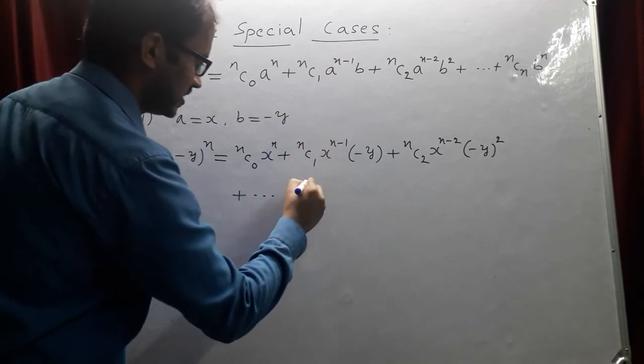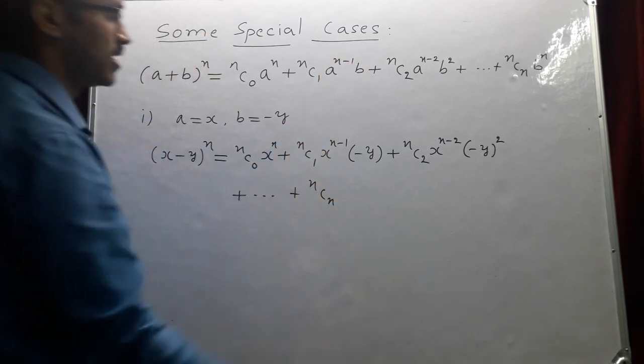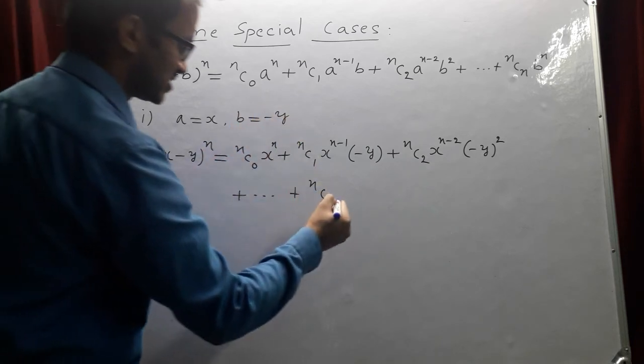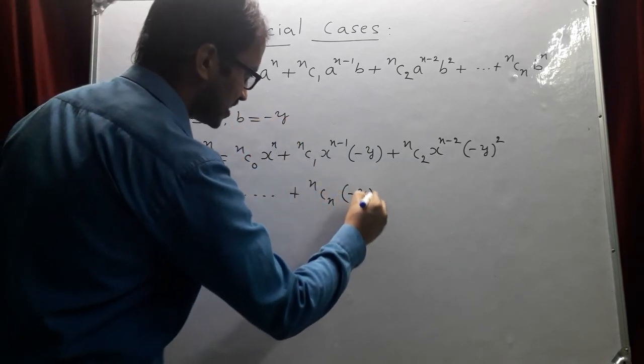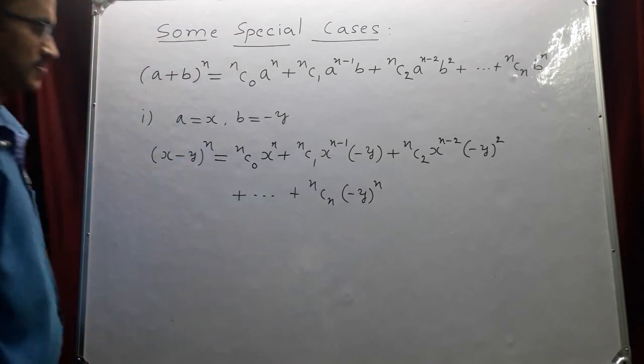The last term is nCn times minus y whole power n.